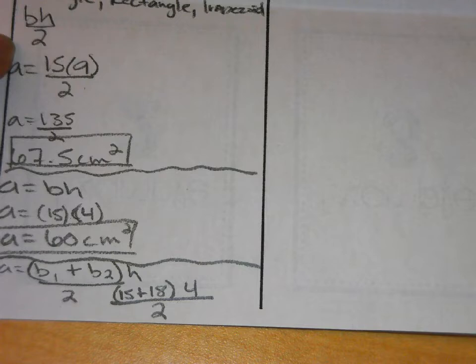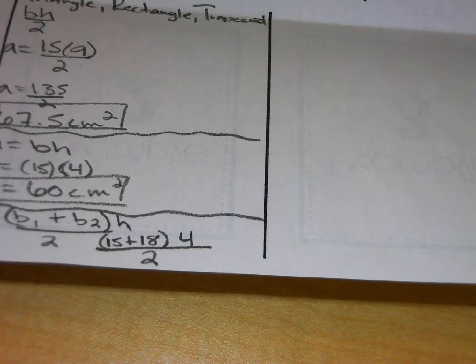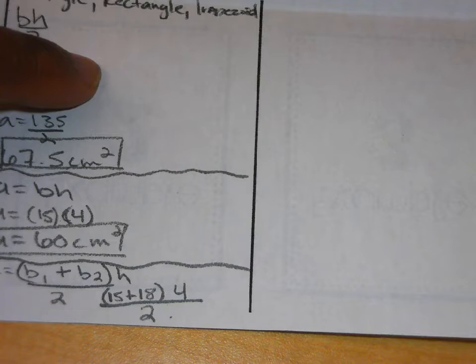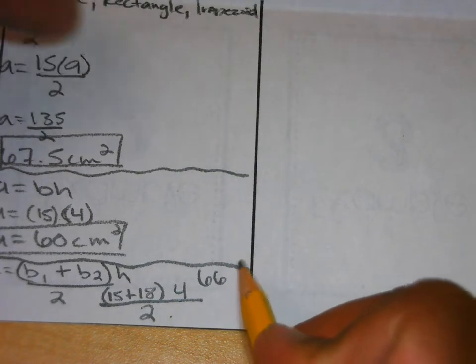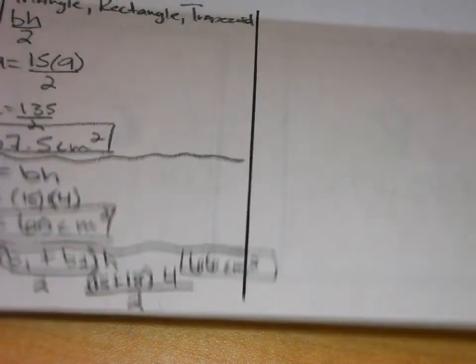So 15 plus 18 is 30 what? Okay, 33 times 4 is 132. Divided by 2 is 66. Centimeters squared. Am I done?